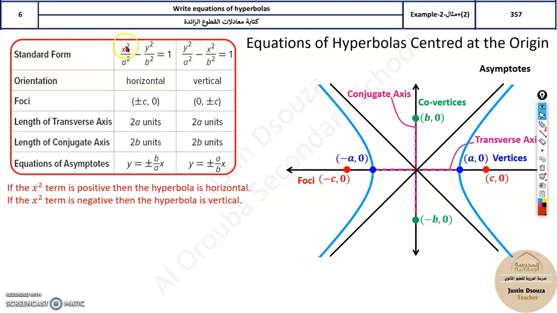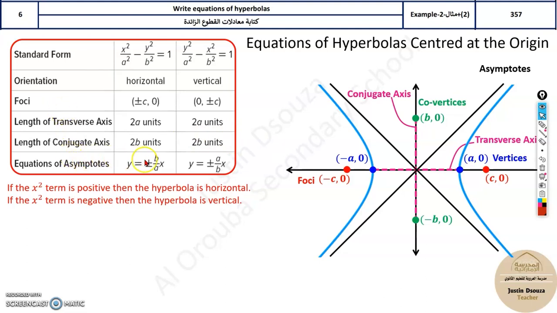Now, it's also important to notice that whenever it's positive, a squared, the bigger value, is with it. Whereas b squared is the smaller one, it's the co-vertex value. See, b is co-vertex, whereas a is vertex. So x squared by a squared, the positive one, will have the bigger value. Also remember, in the ellipse, a was the biggest, the major axis, the biggest length. But here the foci value is the biggest.